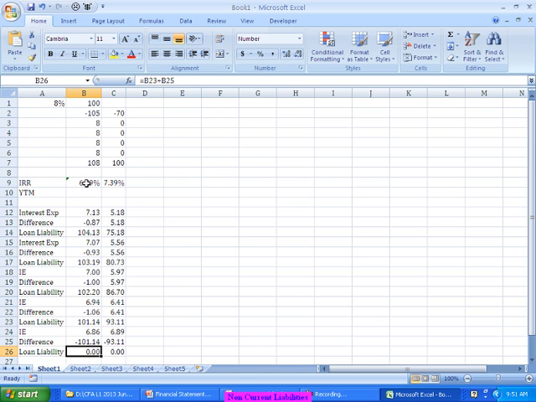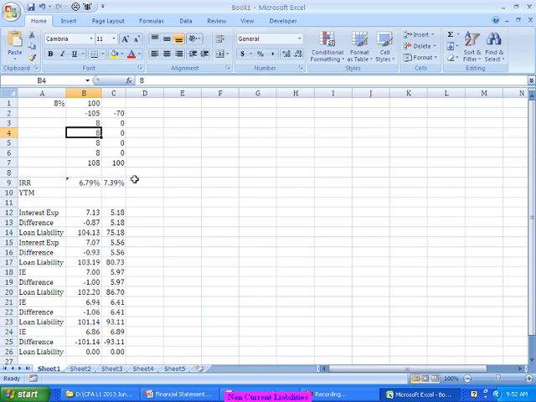Okay, the IRR is only 6.79% here, right? 6.79%. So this is the interest part. First year the interest part is only 7.13, but I am paying you 8 as part of the coupon, which means I am paying you excess. Excess means the loan liability should actually come down, right?